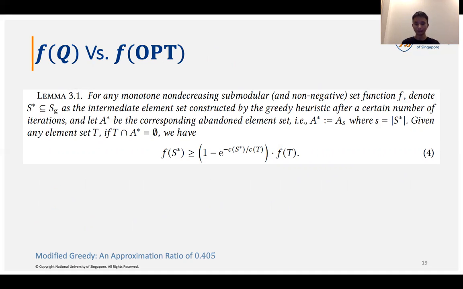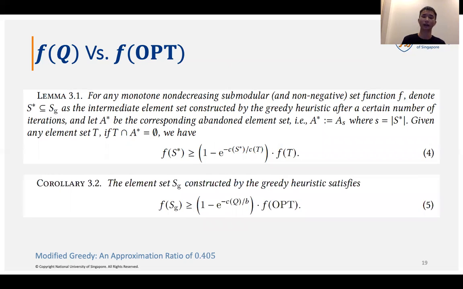For the seed selection constructed from the greedy solution, if we do not abandon an element from the T, then we can build this relationship. And then we can construct the first relationship between Q and OPT.